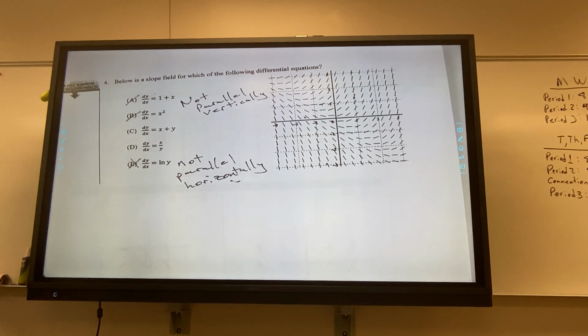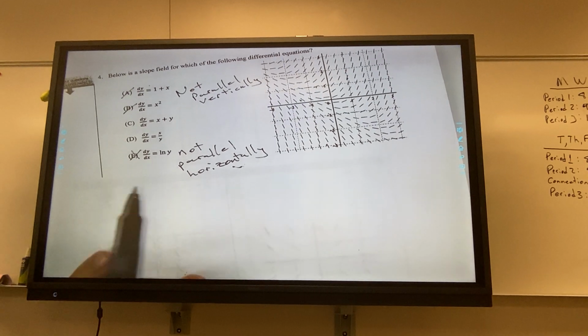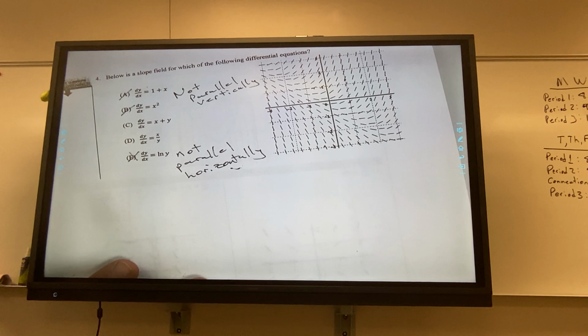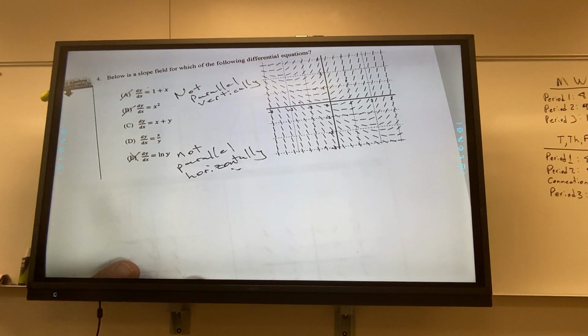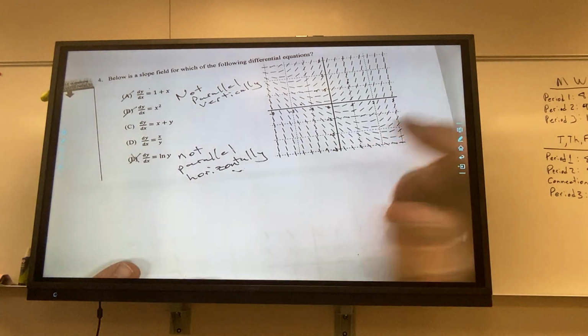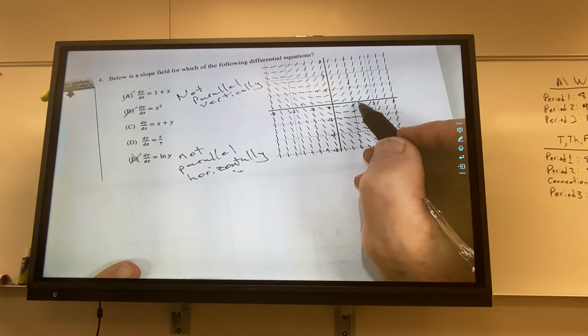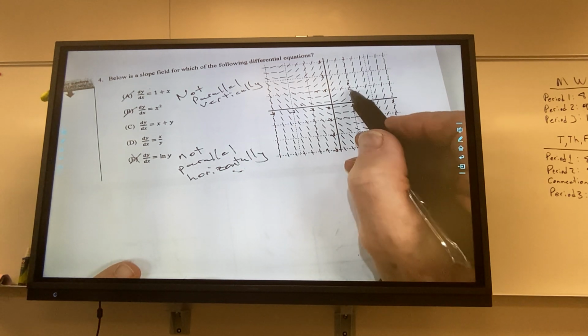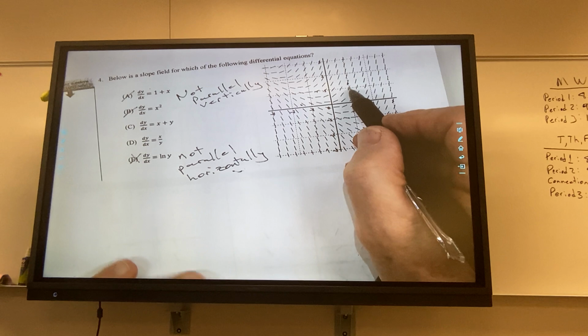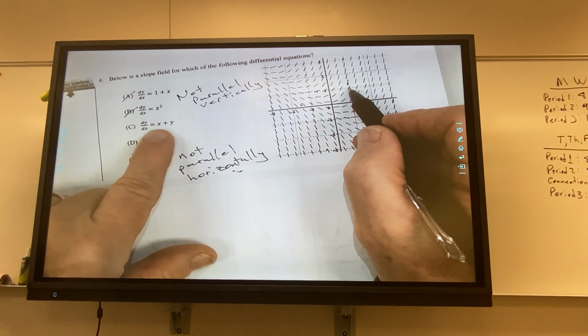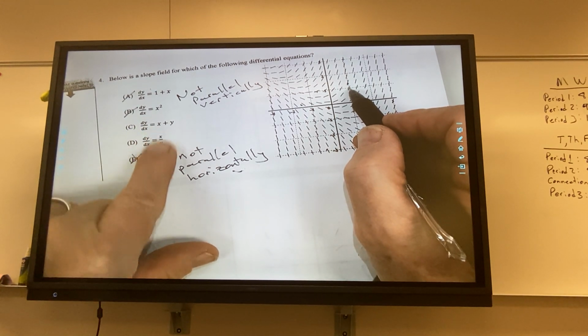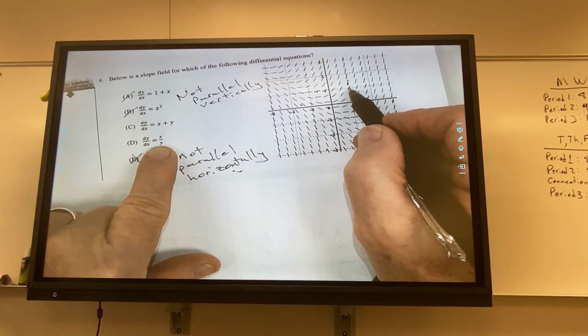So I take a look, if I look at this, I can put some values in here. So let's take a look at this point, 1, 1. So if I put 1, 1, I would get 2 here, and I get a 1 here, correct? Not very helpful.